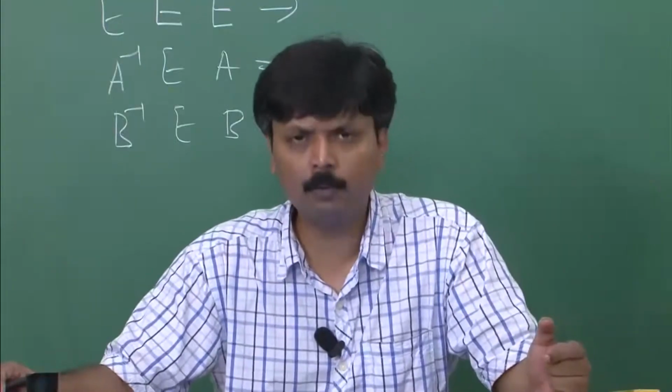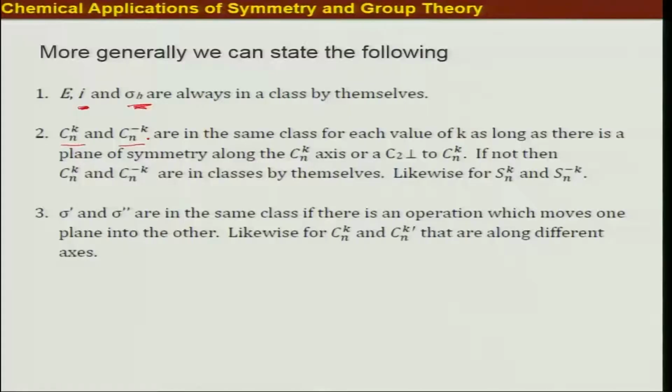So this is acquired knowledge, and you can verify it yourself, and then you can get rid of doing all the tedious similarity transformation in order to find the class.